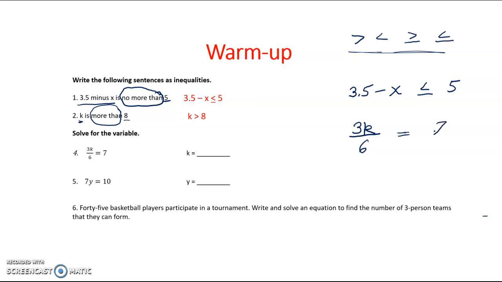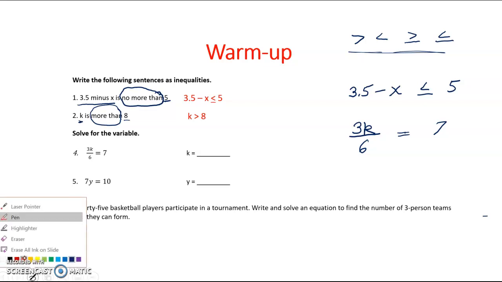All right, so what I'm going to do is multiply by the inverse operation of 3/6, in other words, the reciprocal, and I'm going to multiply by 6/3 on both sides of the equation. In order to get rid of that 3/6, I need to multiply it by its reciprocal. And I'll show you.